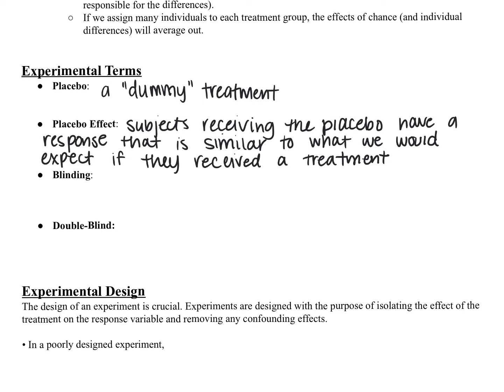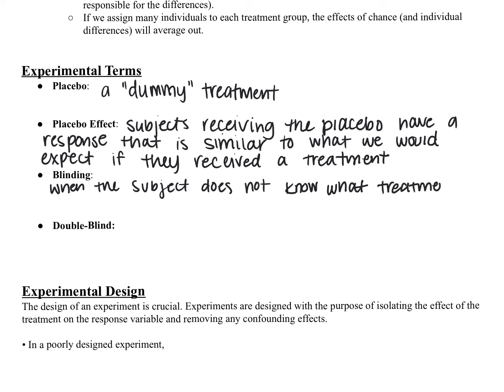Next, we have blinding. So this is a very important part in an experiment. It's when the subject does not know what treatment they are receiving, to remove the power of suggestion.